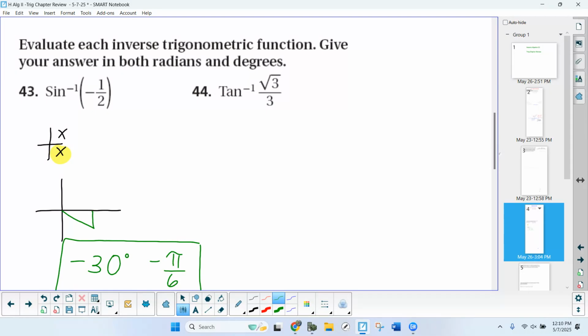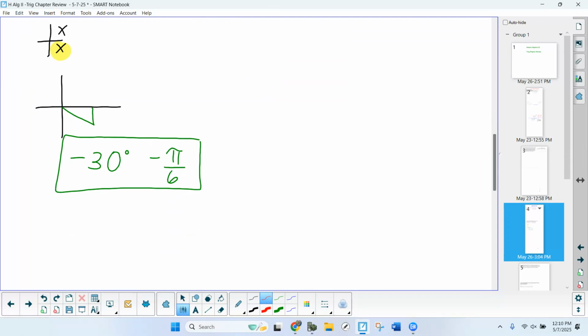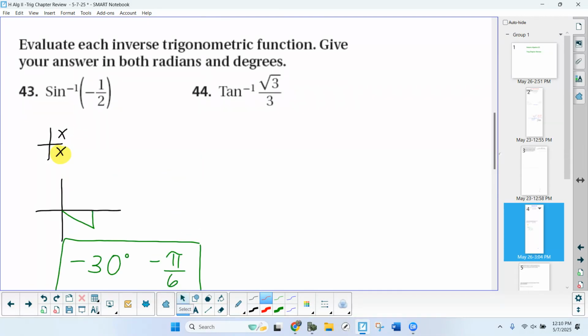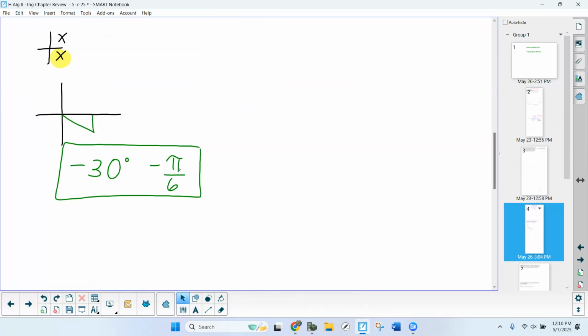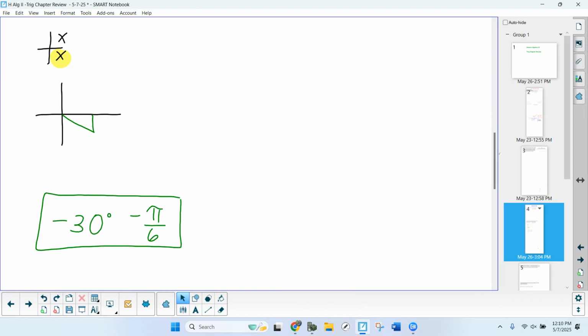So, just so you guys know, think about the long side versus the short side. When I first started to draw this, I drew it like this, and I thought, uh-oh, wait a minute. Now x would be 1/2, y would be, and then I thought, oh, that's not right.